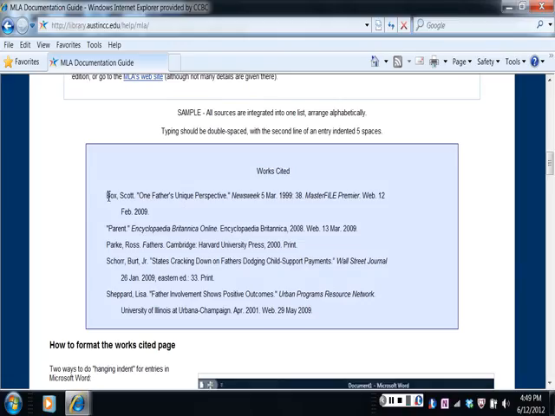I'm going to find box. So if you have box, Scott here, you should have box in the parentheses in your paper. Whatever comes first on the works cited list should come first in your parentheses. If you are listing this as parent, then parent in quotation marks is the way it should be cited in the parentheses in your paper. And one of the biggest things that I will check when I'm checking that you did your documentation correctly is to see that what's in the parentheses matches the first thing that's on your works cited list.